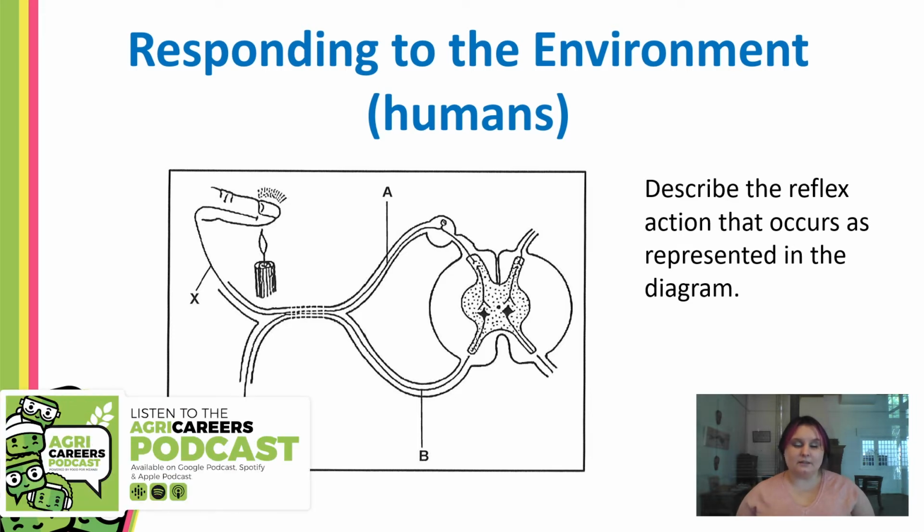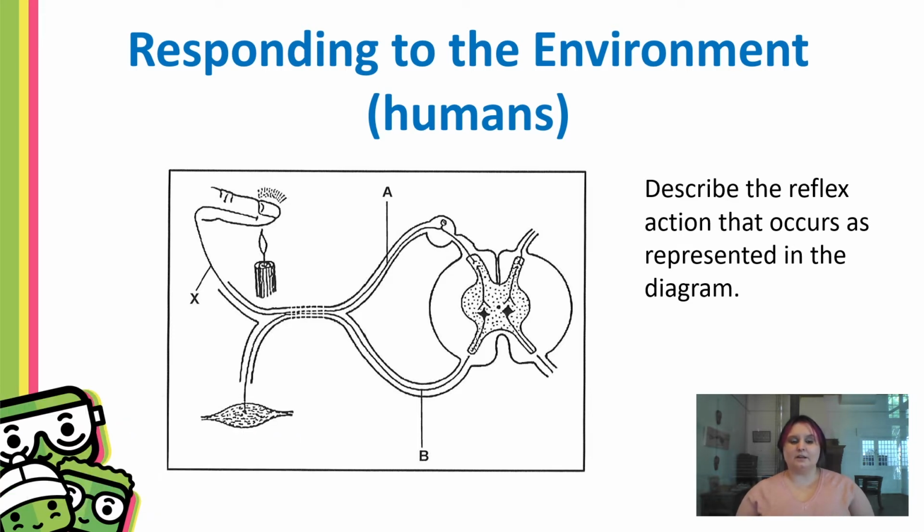That nerve impulse then gets sent from our finger all the way up along our arm and to our spinal cord. This nerve impulse is transmitted along the sensory neurons. Going from X to point A in the diagram, those are the sensory neurons. That is the information traveling from the receptors in your finger to the spinal cord. And it enters through the dorsal root of the spinal cord, dorsal meaning at the back.